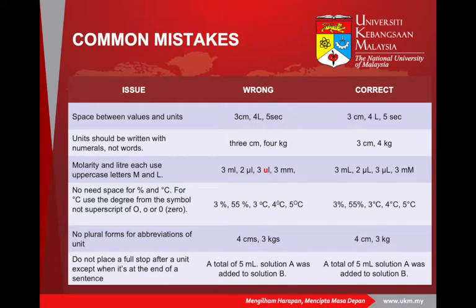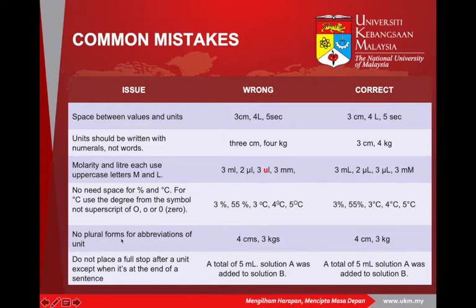Do not use the superscript of capital letter O or small letter o, or even the number 0, which is wrong. It should look like this, the correct degree Celsius symbol.